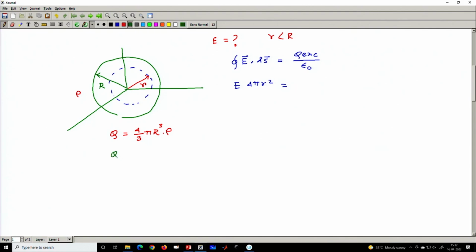The charge q enclosed should be rho multiplied by the volume of this, which is this quantity. Okay. So my right hand side should be 1 divided by epsilon 0 times rho times 4 by 3 pi r cube.